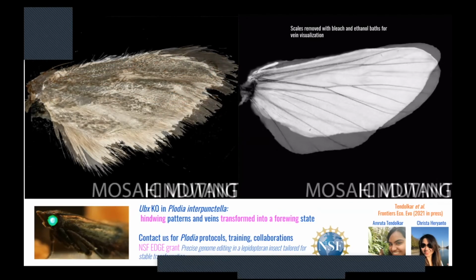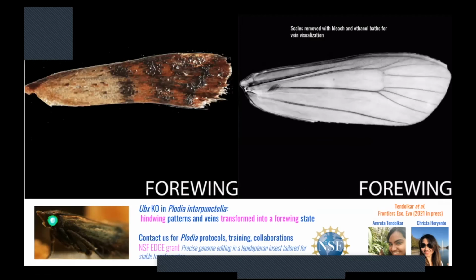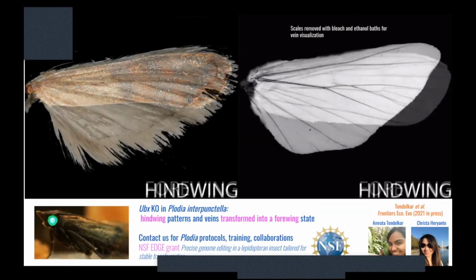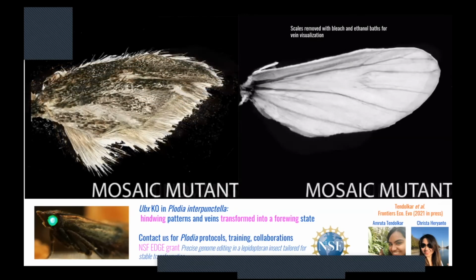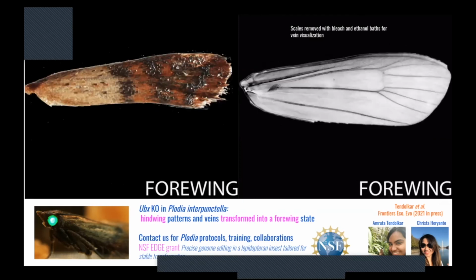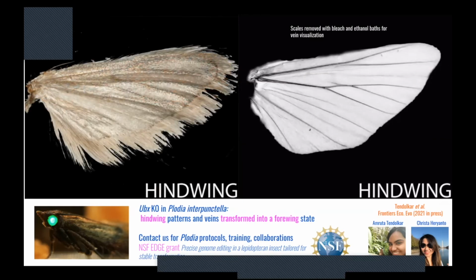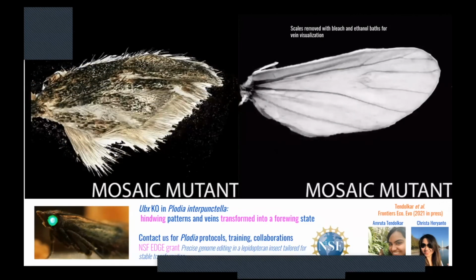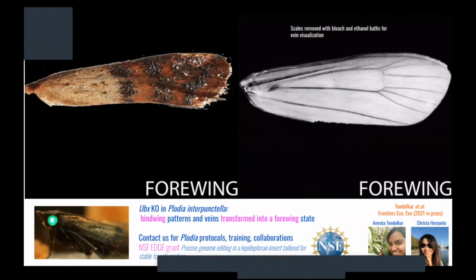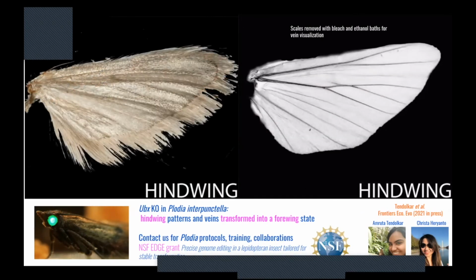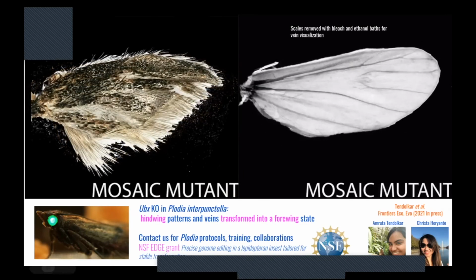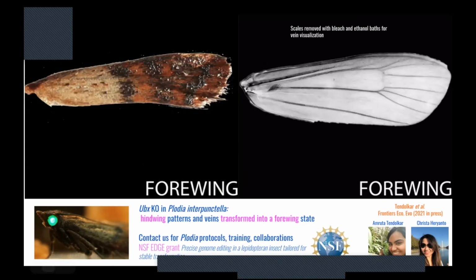When we knock out UBX, we get an intermediate morphology, really showing that UBX is involved in making the hind wing specialized compared to the forewings. So CRISPR works really well for perturbation assays in these moths. We have a pretty good setup for rearing and for injections, and it's very cheap as well to work with.